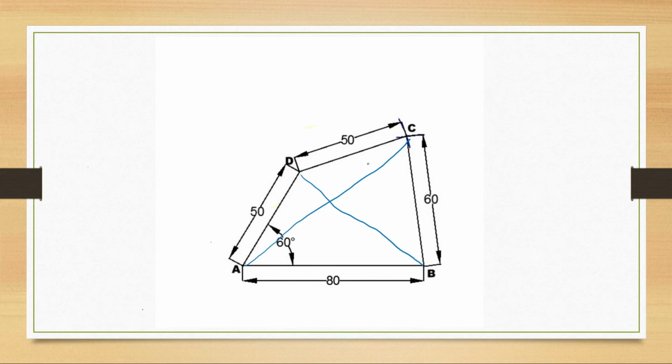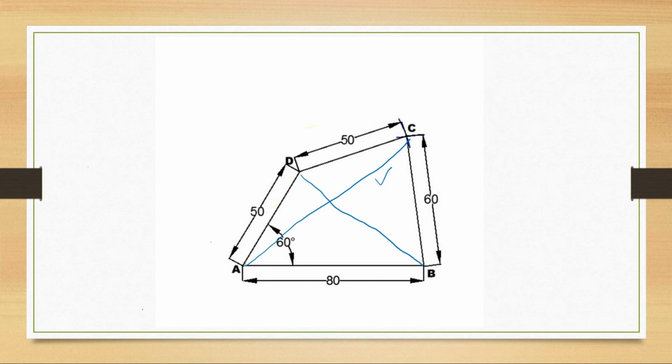Just by looking at it, we can see AC is the longest hypotenuse. So this is the hypotenuse of interest, which is AC, because it is the longest.